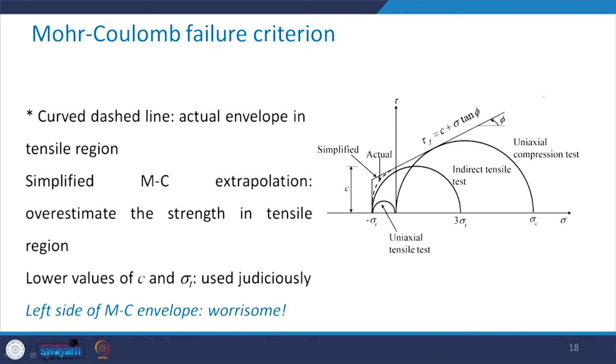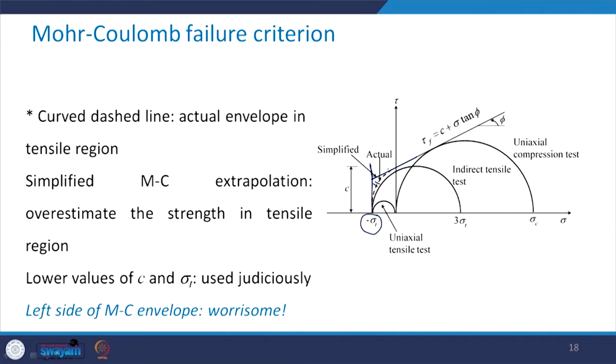Now, take a look at this curved dash line, which is the actual envelope in the tensile region. But what we are doing is we are extrapolating this Mohr-Coulomb failure envelope in the tensile region and making a tension cutoff here corresponding to sigma 3 equal to minus sigma t, that is on the negative side.